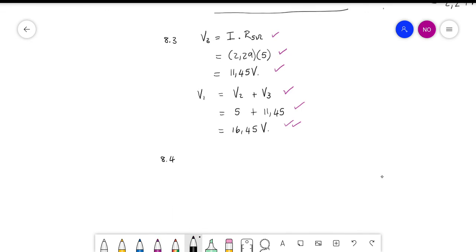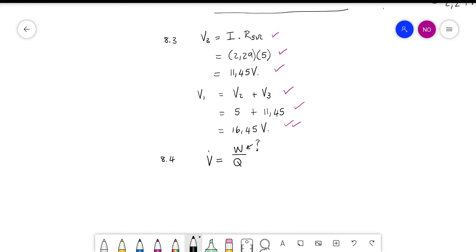Then they ask you to calculate the energy transferred in the 5 ohm resistor in 3 seconds if the current is 1,5 ampere. We have this formula that gives us energy. Do we have the potential difference across the 5 ohm resistor? Yes, we just calculated it.